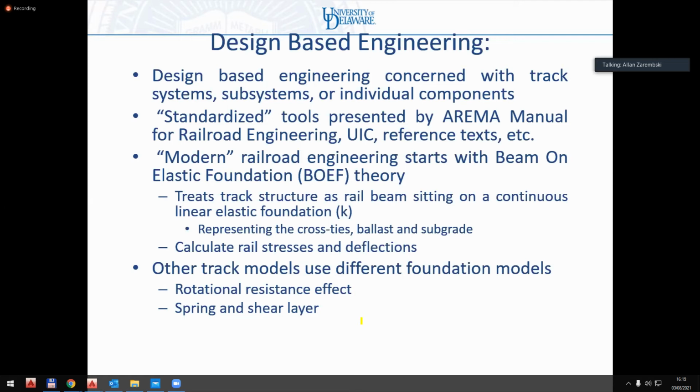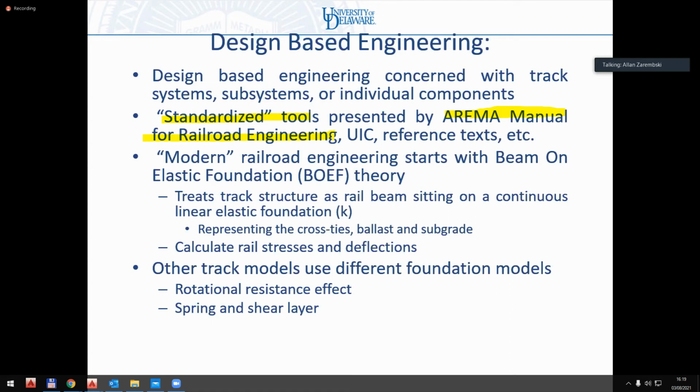Now, there are standardized tools out there. So the AREMA manual, I've referred to the AREMA manual a couple of times. That's the Manual for Railway Engineering of the American Railway Engineering and Maintenance-of-Way Association.